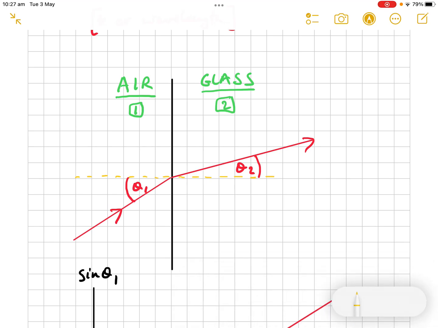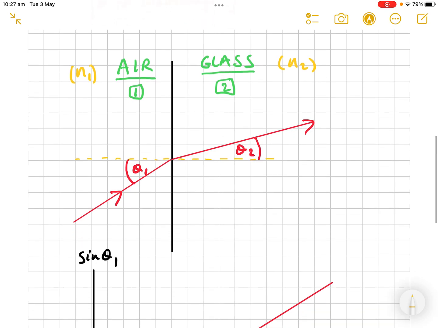So this would have refractive index n1, and this would have refractive index n2. And refractive index is effectively a measure of how much refraction occurs when the wave enters that medium. So the bigger the refractive index of the glass, the more closely the ray bends down towards the normal.